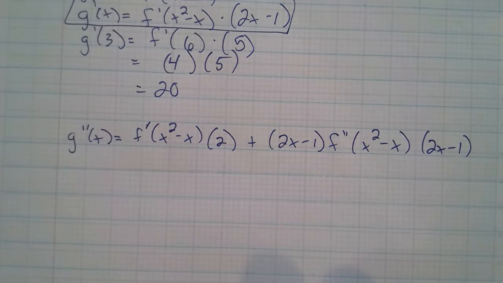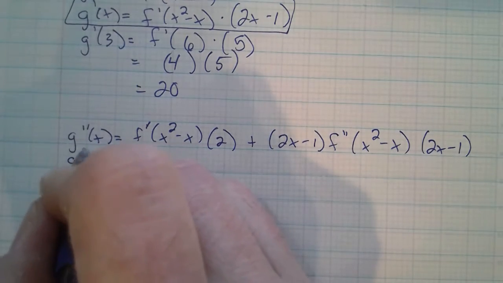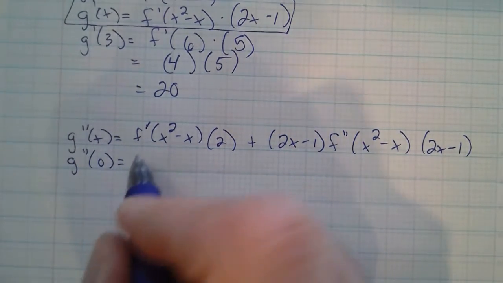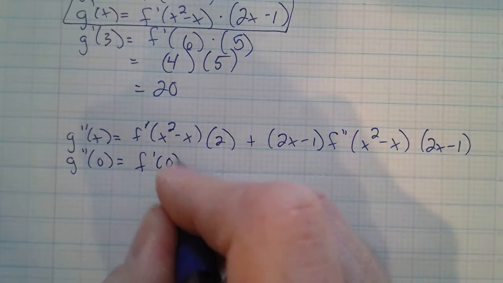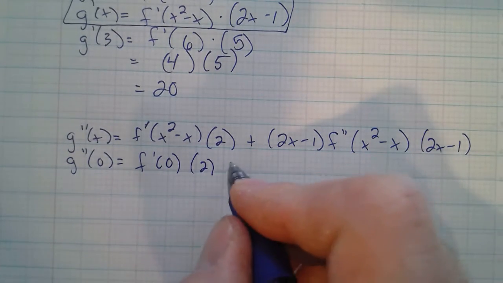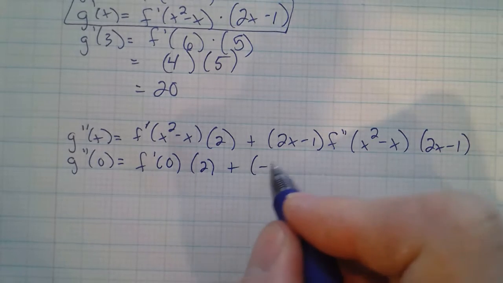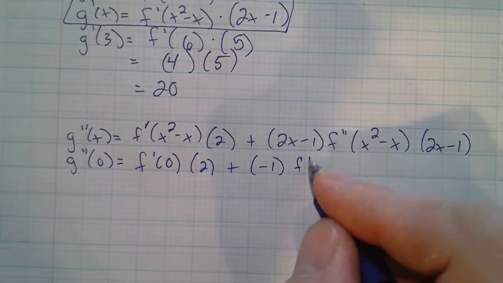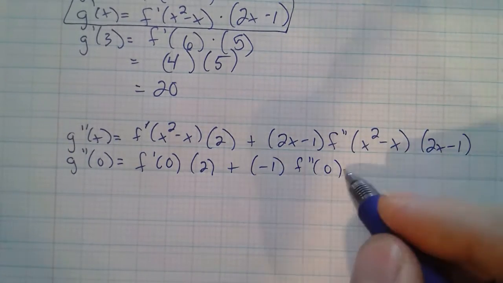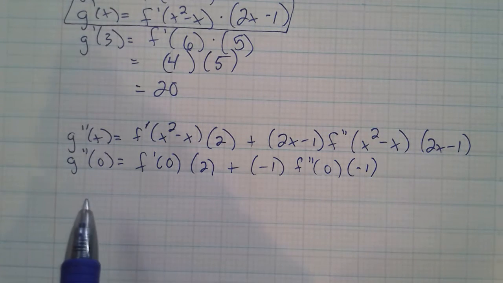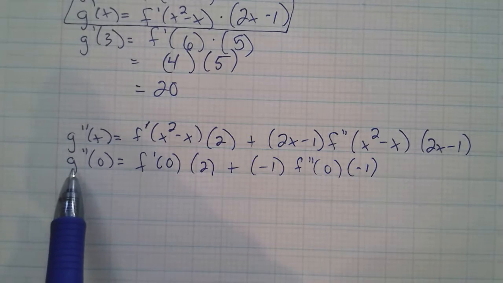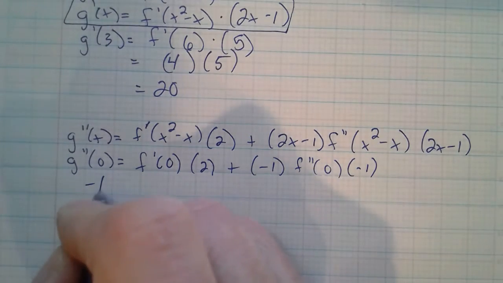I'm glad they picked 0. We're trying to find g prime of 0, or double prime of 0. So that becomes f prime of 0 times 2, negative 1, f double prime of 0 times negative 1. All right, so we can figure out, well, they tell us g double prime of 0 is negative 1.